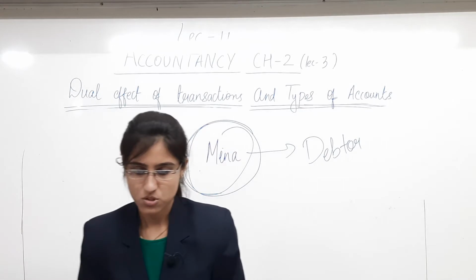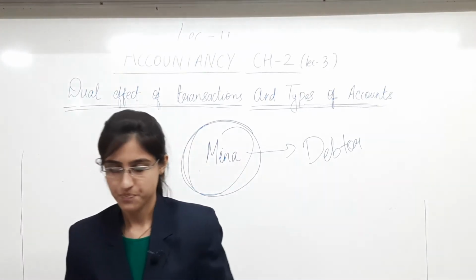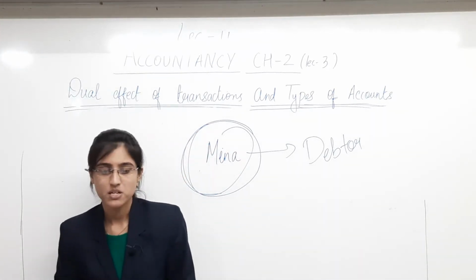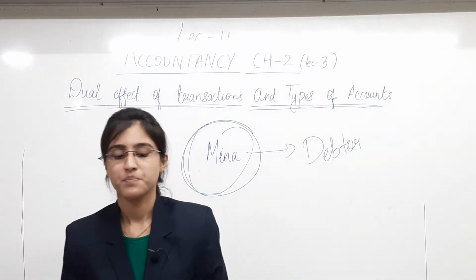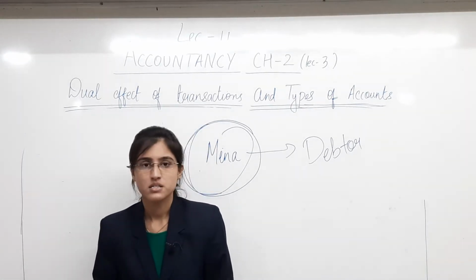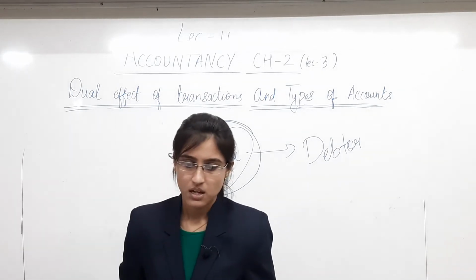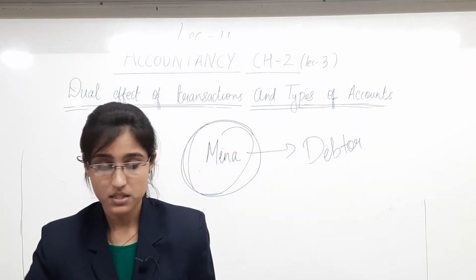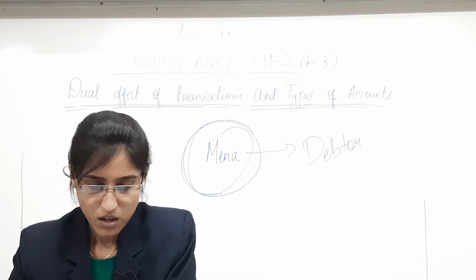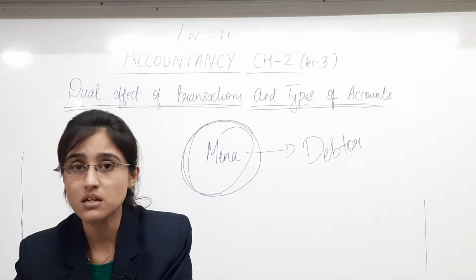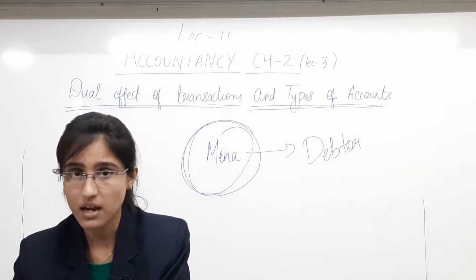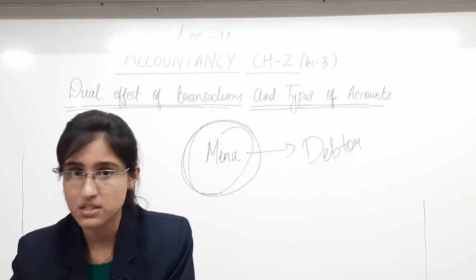Okay. So, illustration 3 and page number 30 in your textbook. Alright? So, let us quickly start. The first transaction in illustration 3, we are understanding the dual effect of transactions.